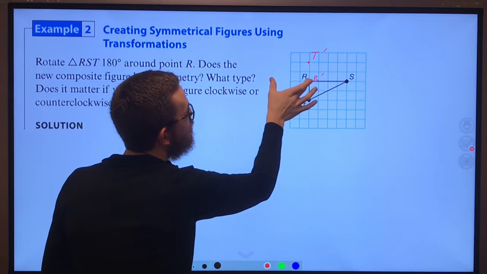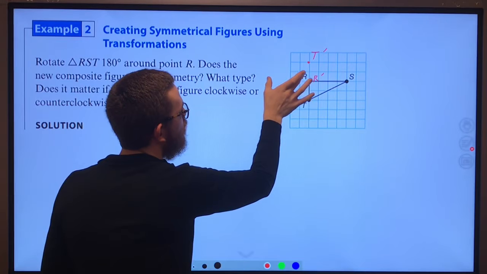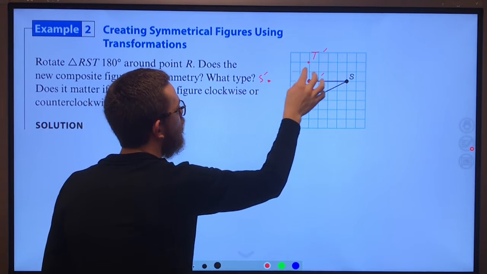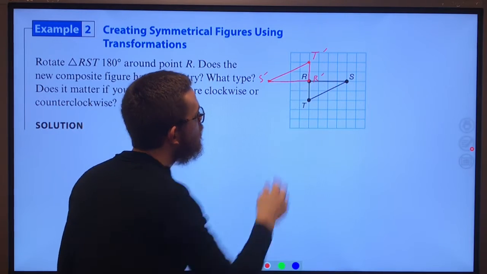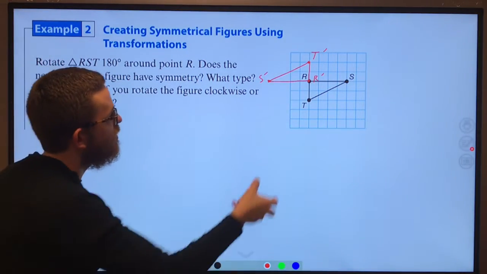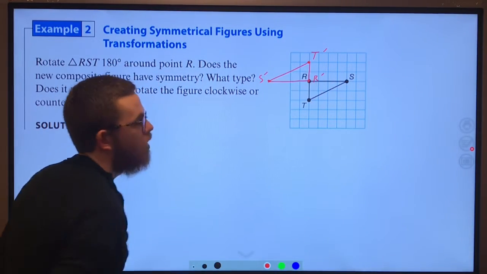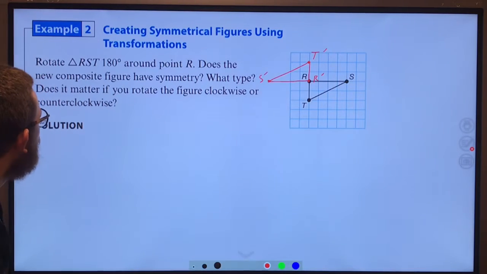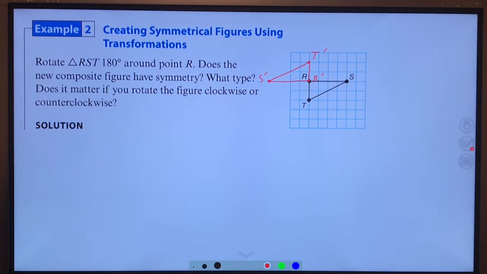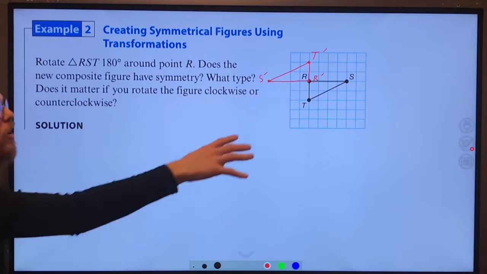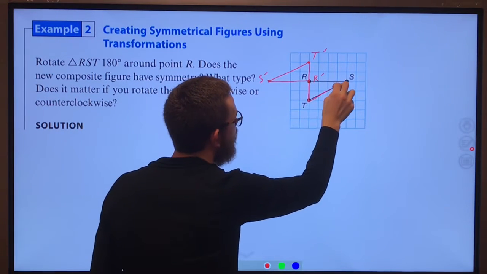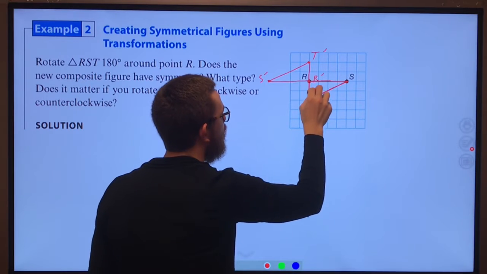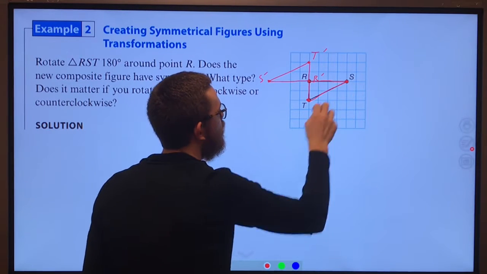And then S is going to be out here somewhere. So that would be our image once we rotate this about point R. And now it says, does the new composite figure have symmetry? So this whole thing right here is our figure that we're looking at. Does this have symmetry to it?